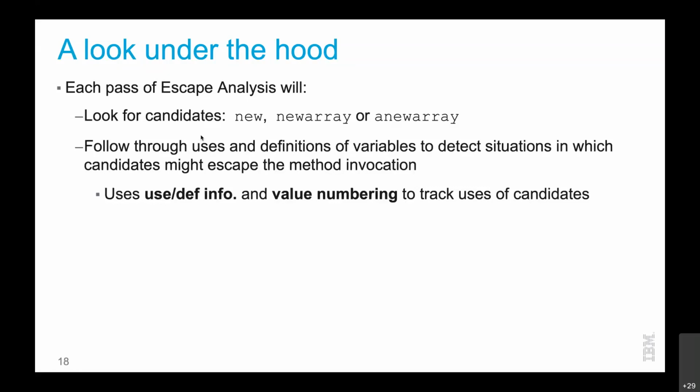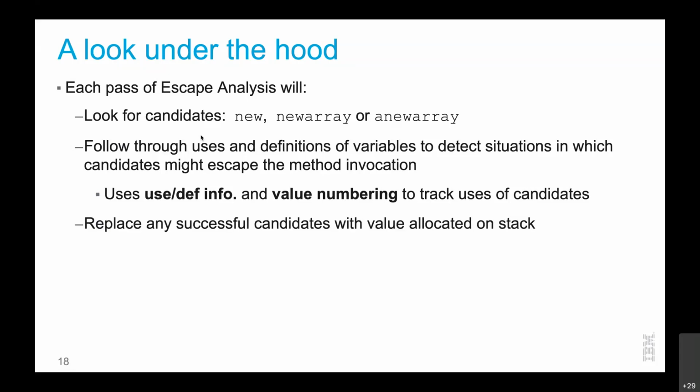And it does that using the useDefInfo and value numbering that's available within the JIT for a method to track the uses of candidates. So it walks through the code looking at the useDef information, trying to determine which candidates actually might escape from the method.